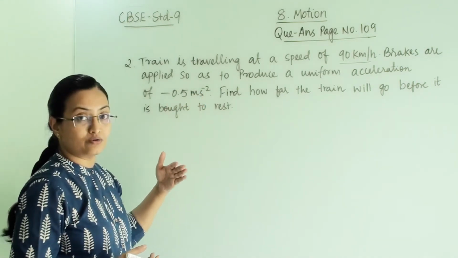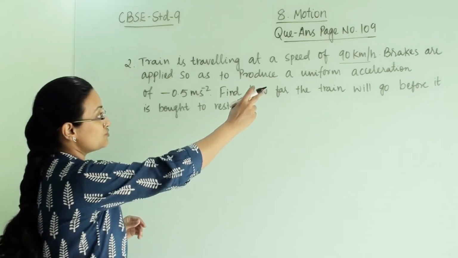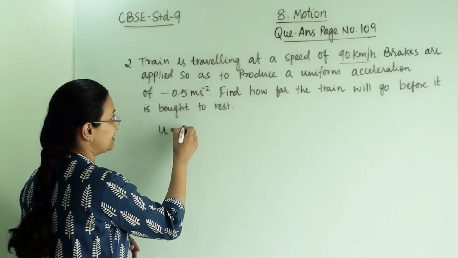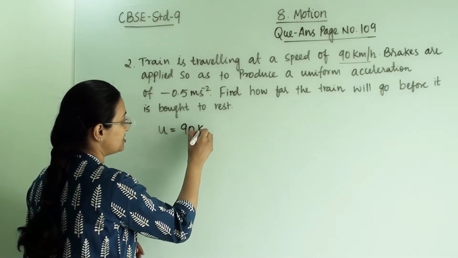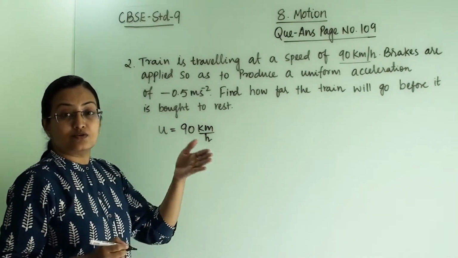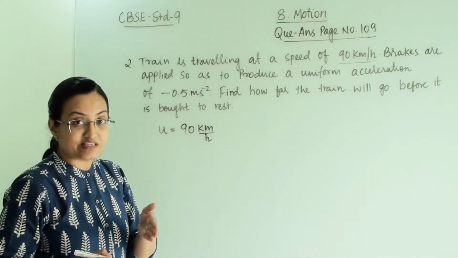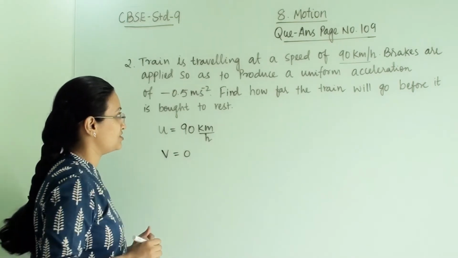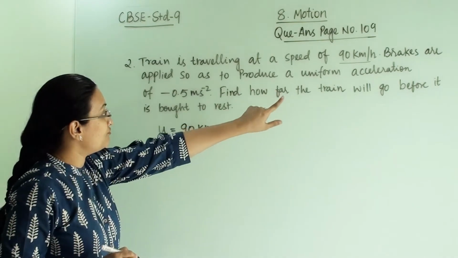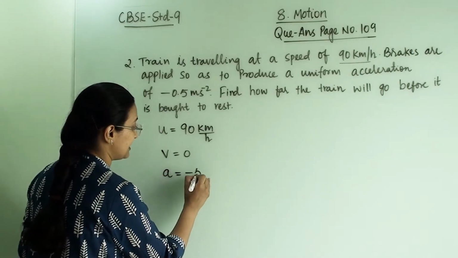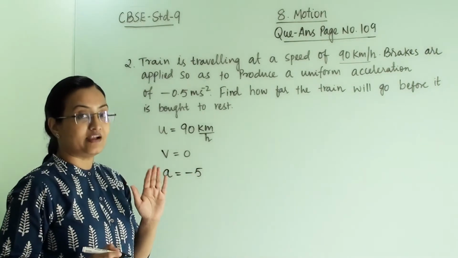So let us note down all the details we have. The train was moving with this speed, so this is going to be our initial velocity, 90 km per hour. Then the train is going to be at rest after some time, so its final velocity will be 0 km per hour. Then the uniform acceleration, this is our acceleration. Yes, this is negative because they have applied the brake.